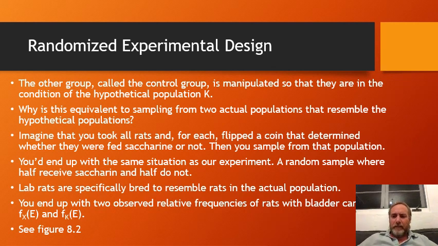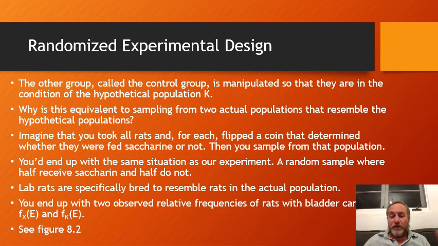Maybe it's obvious, and I partly worry that their explanation here is more complicated than it needs to be. But say you take all the rats, and for each one you flip a coin. For that whole population, you flip a coin to determine whether it gets saccharin or not, so 50% of the rats are getting saccharin.